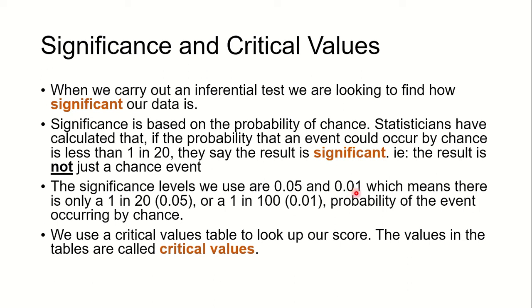And if you are beating the score in the statistical table at 0.01, then you are 99% certain that chance is not the factor that is causing the relationship, but that the two things you've measured, river speed and pebble roundness, for example, are influencing each other. Read through the information on this page a couple of times, because it just gives you a little bit more insight into where we get these values of 0.05 and 0.01 from.